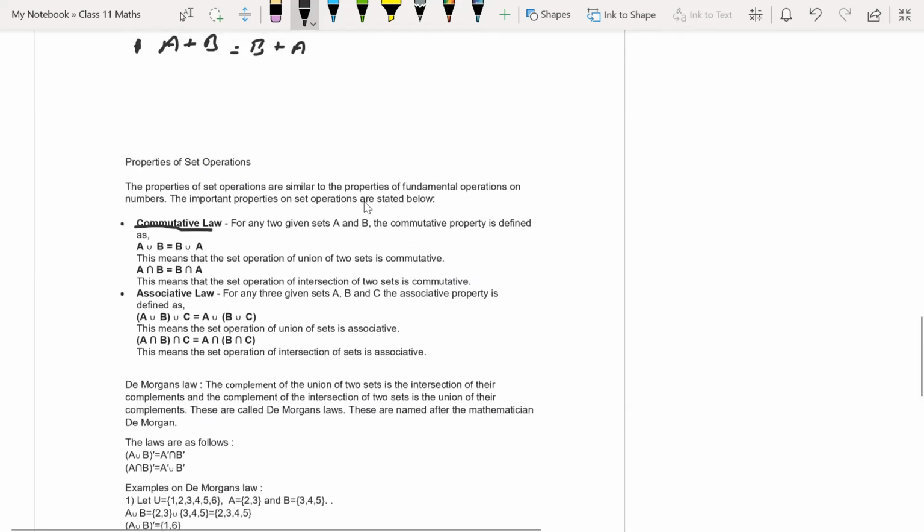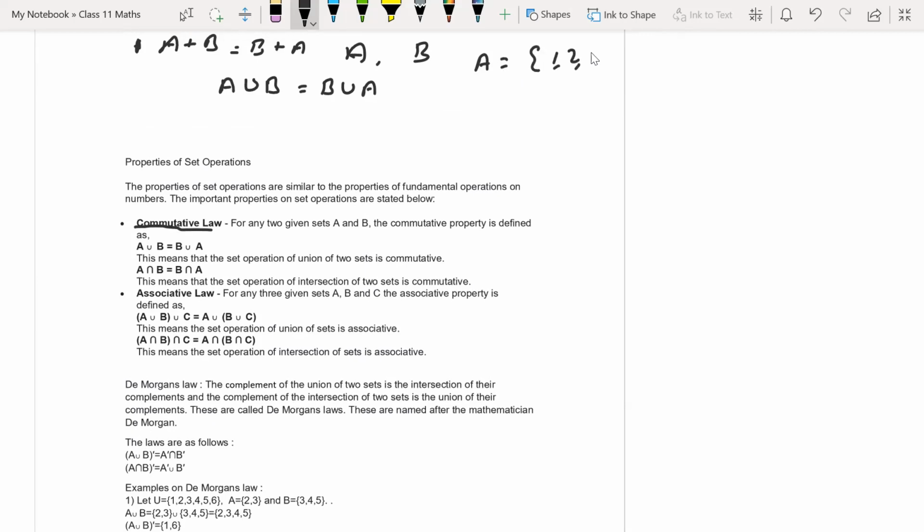If two sets are given, set A and set B, A union B is equal to B union A. Yes. Set operations on A union B is equal to B union A. Let's consider A is 1, 2, 3.